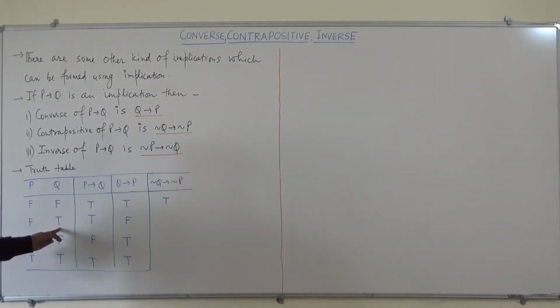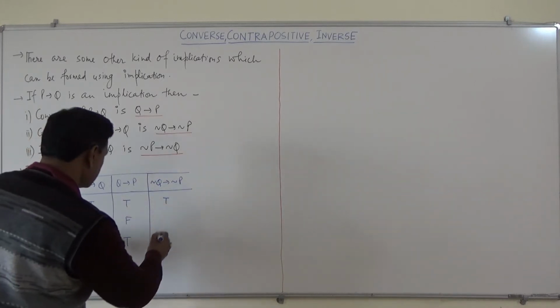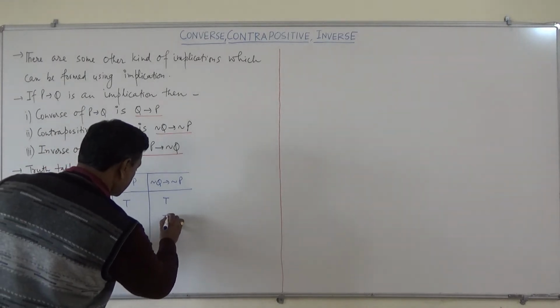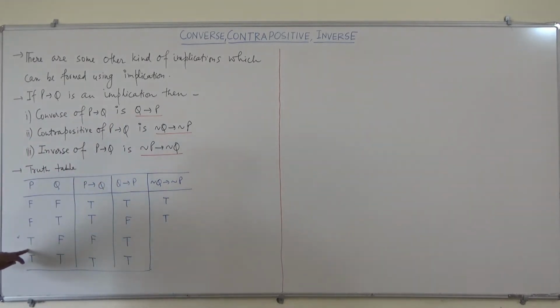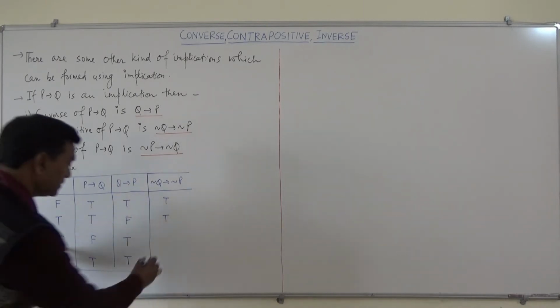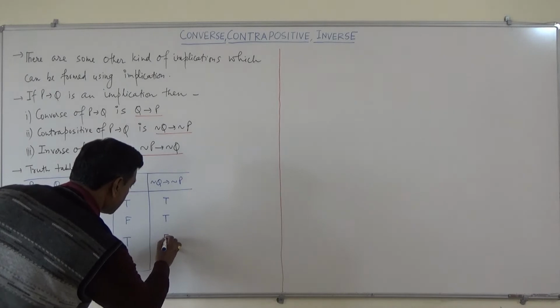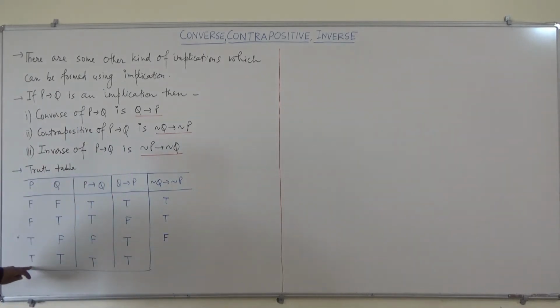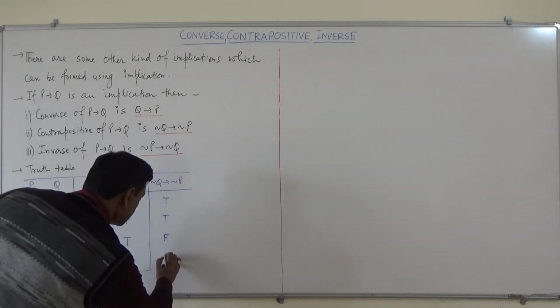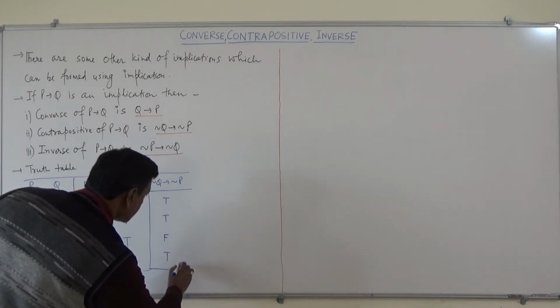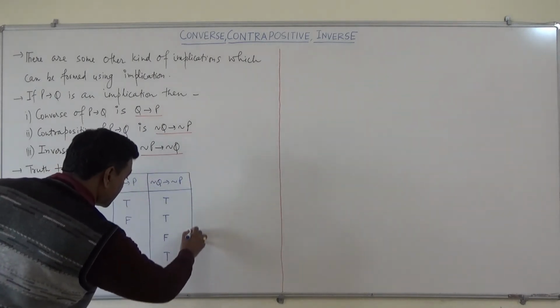Then not Q is false, not P is true, so false and true is again true. Then true and false is false, then false and false is true. So this is the third implication.